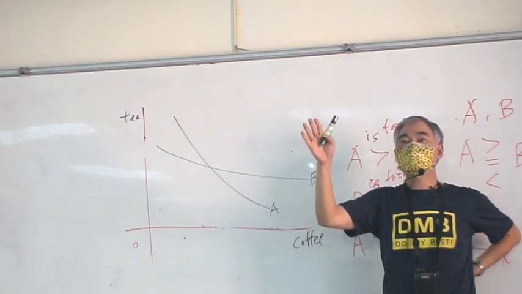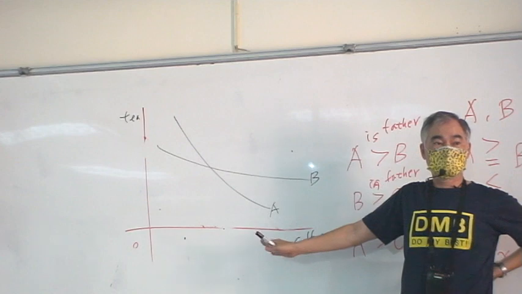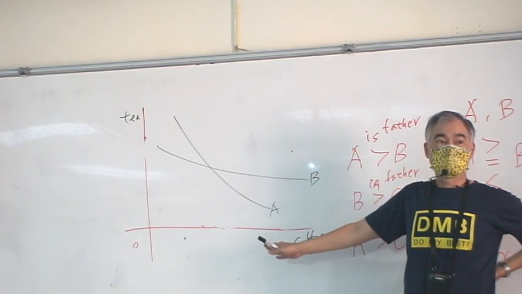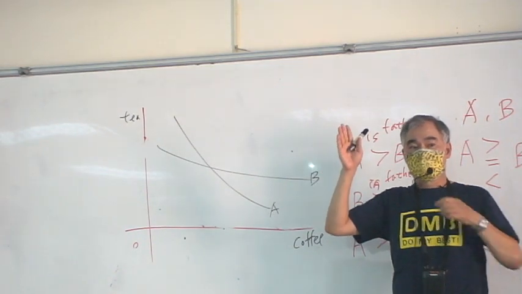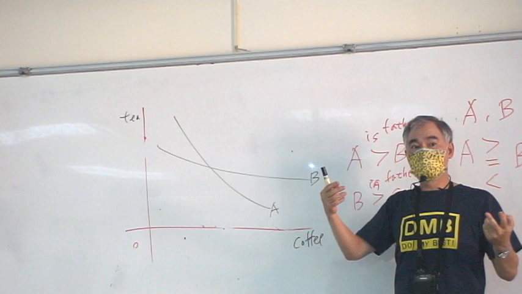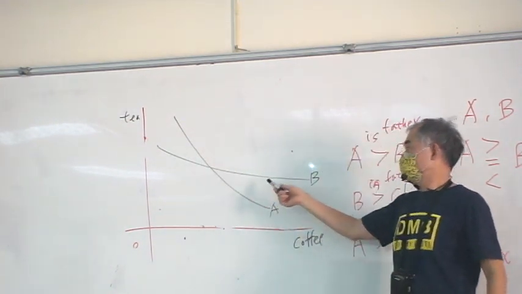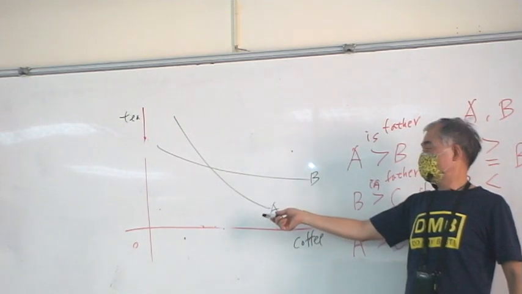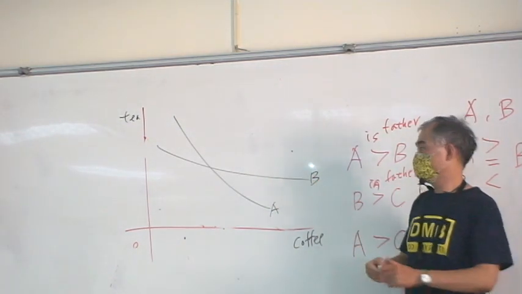If the budget line is steeper, the price of the horizontal X good is more expensive. And the indifference curve shows your preference, your satisfaction. If it is steeper, it means it is higher in your mind. So person A prefers coffee to tea, and person B prefers tea to coffee, right?